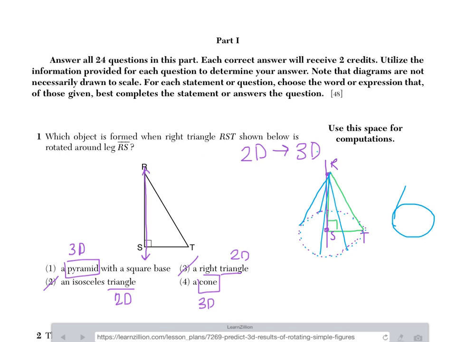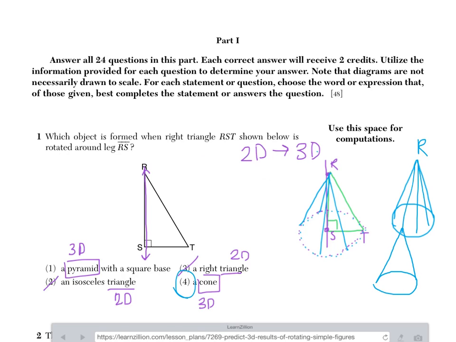And I have RT now becoming many new line segments along this circle, connecting from vertex R to the edge of the circle. And if you think about this shape, it's a circular base with a triangular top, or triangular bottom if you were to flip it upside down, and that shape is in fact a cone.